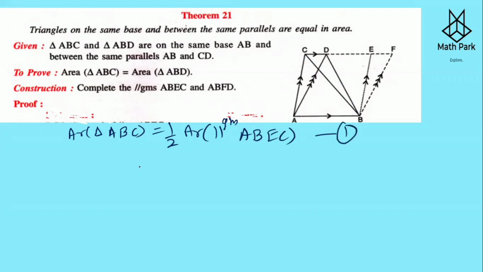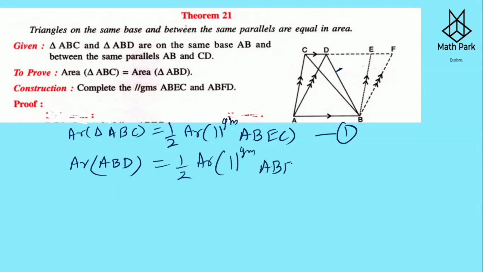This is how the area is half, according to the previous theorem. And for triangle ABD, BD is the diagonal of ABFD. So area of triangle ABD is half the area of parallelogram ABFD. This is our equation number 2.